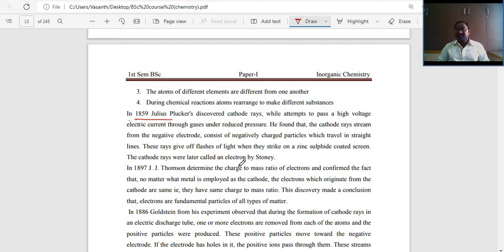He found that the cathode rays streaming from a negative electrode consist of negatively charged particles which travel in straight lines. These rays give off flashes of light when they strike a zinc sulfide coated screen. The cathode rays were later called electrons by Stoney.